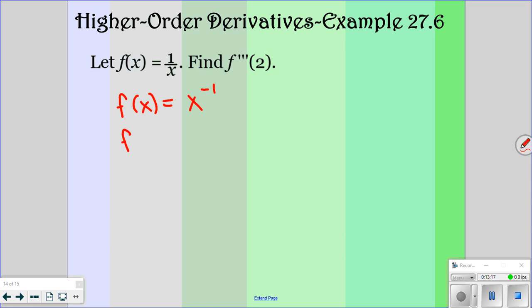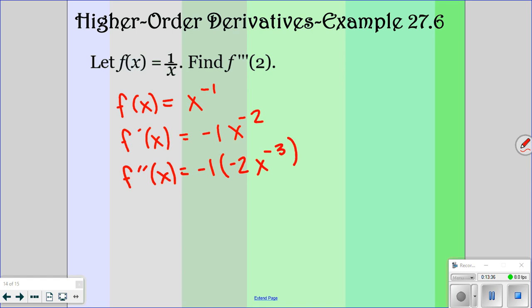Alright, so the first derivative, you're going to do negative 1 x, negative 1 minus 1 is going to become negative 2. For the second derivative, you're going to do negative 1 and then negative 2 x to the negative 3, which is 2x to the negative 3.